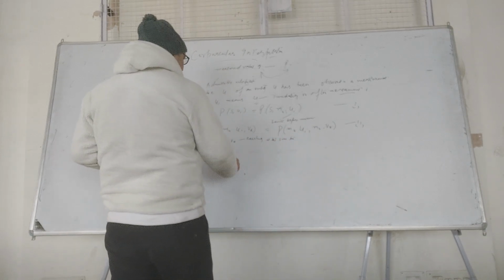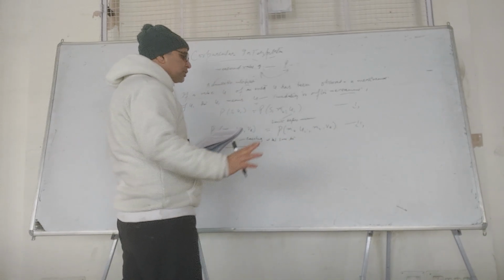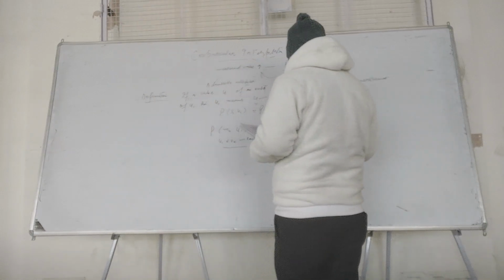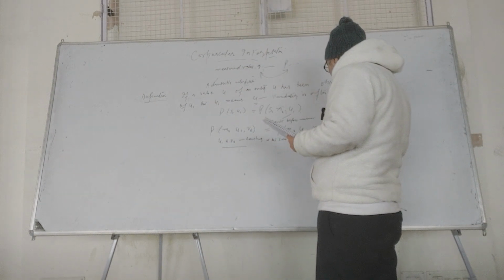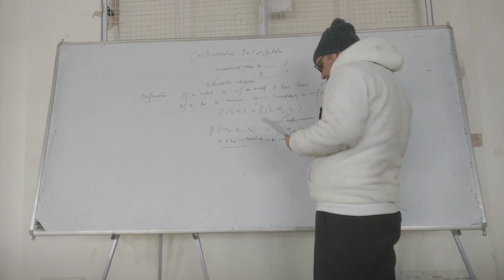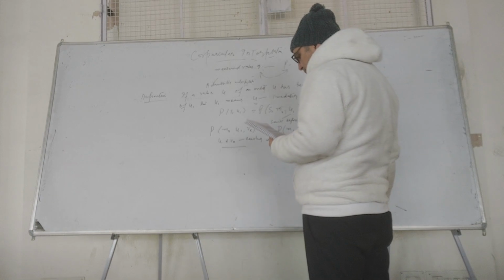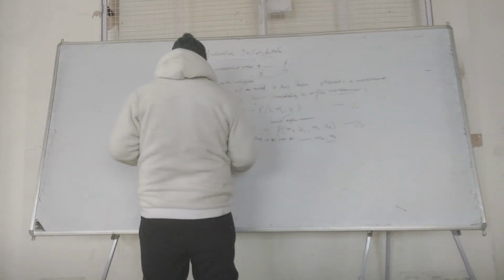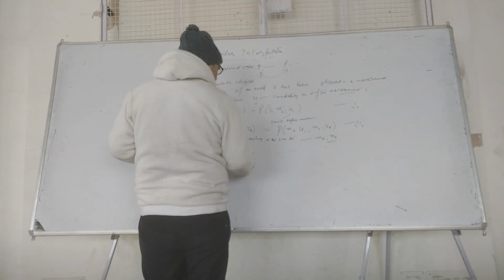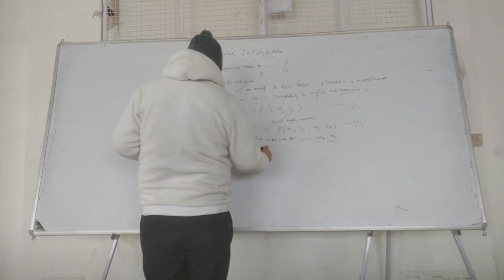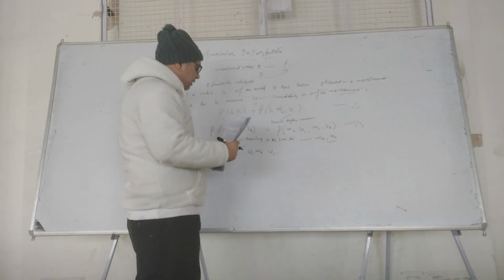Namely, simultaneous means two observables, mu and mv, can be simultaneously measured. So knowledge of this: measurement of the initial variable will give ui.